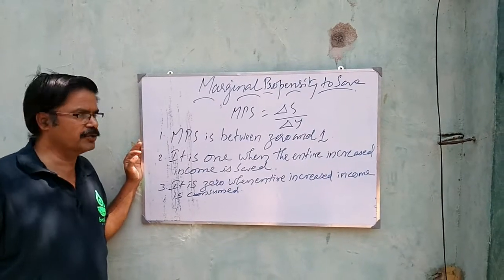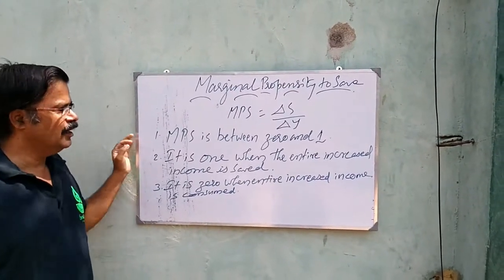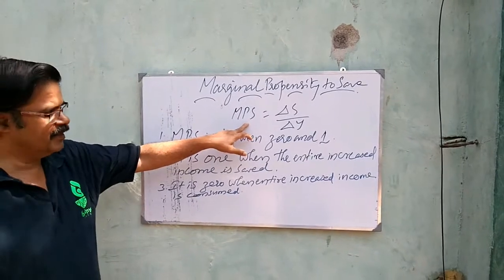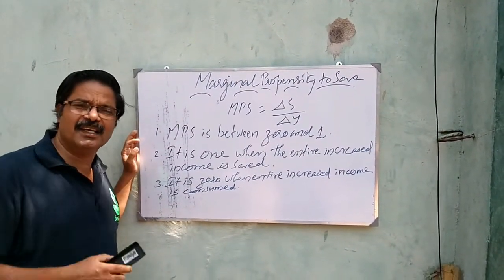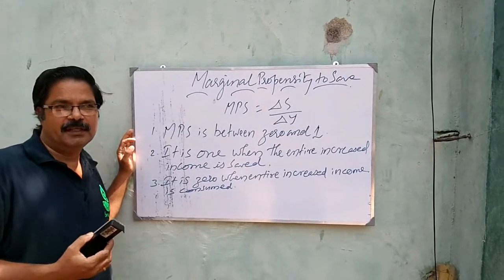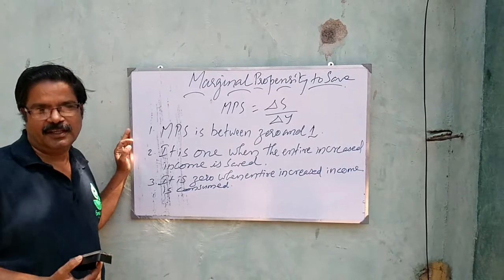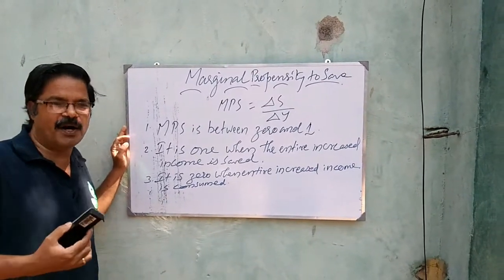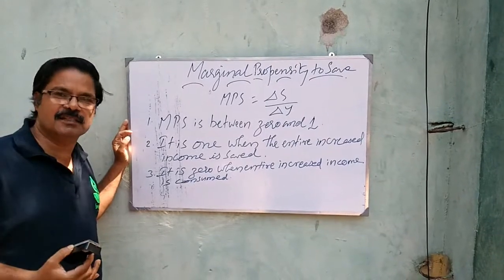Now let us go on to marginal propensity to save, or MPS. What is marginal propensity to save? It is the ratio between change in saving and change in income. It tells us what part of your increased income is being saved.